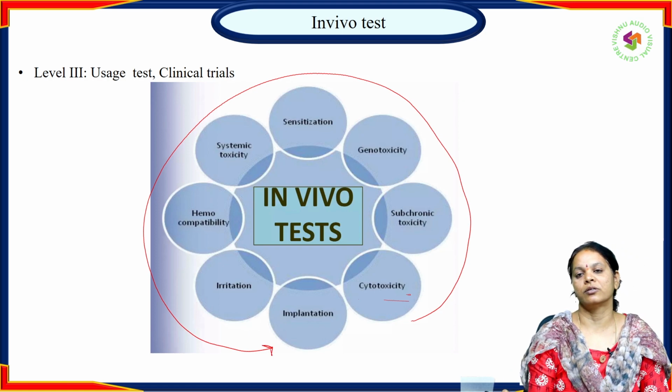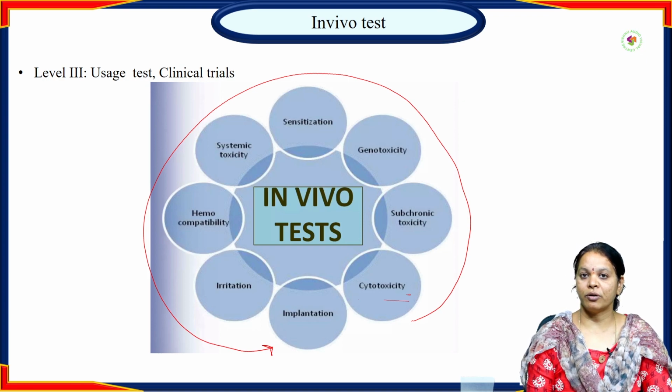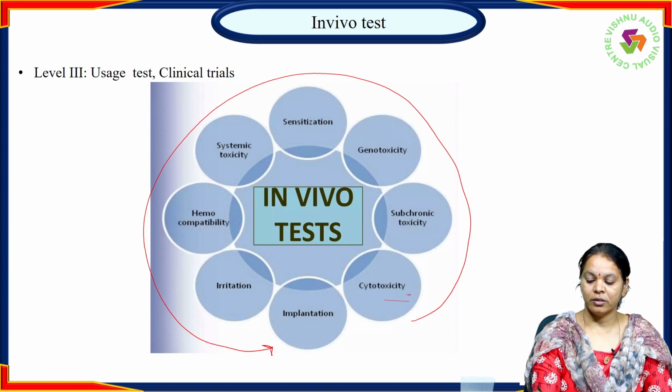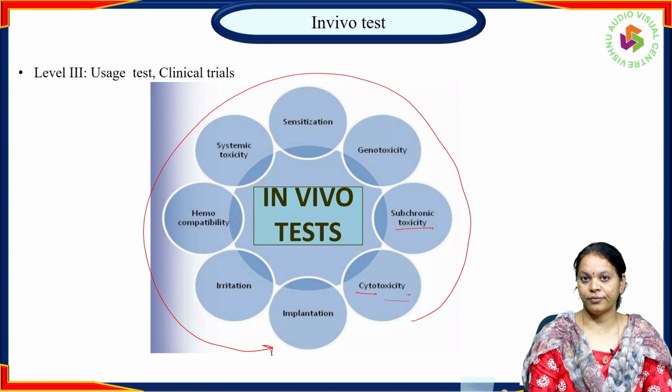The entire analysis would be done on the human volunteer in order to assess its toxicity at the level of the cell, then at the level of chronic or acute, like for prolonged application, is there any change or not, or any short-term reactions.